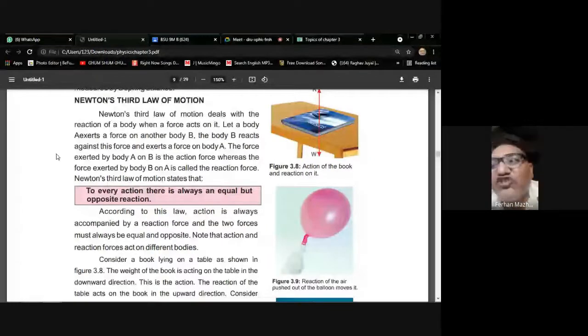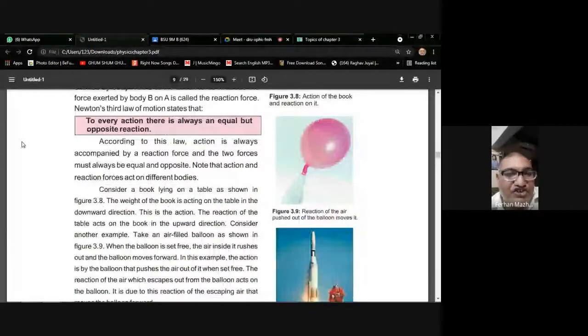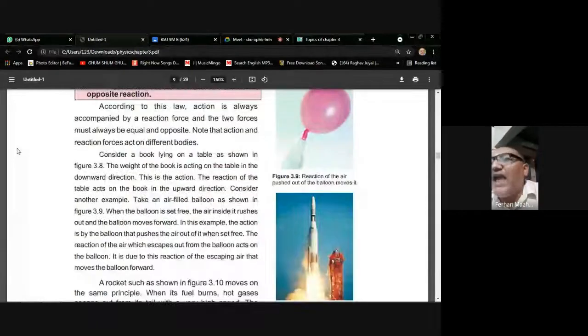Newton's third law of motion states that to every action, there is always an equal but opposite reaction. According to this law, action is always accompanied by a reaction force, and the two forces must always be equal and opposite. Note that action and reaction forces act on different bodies.